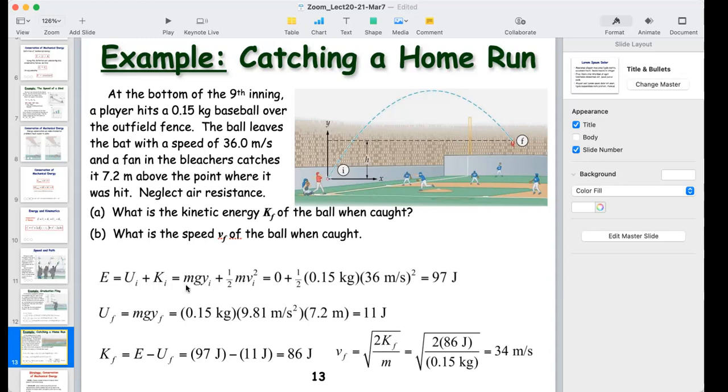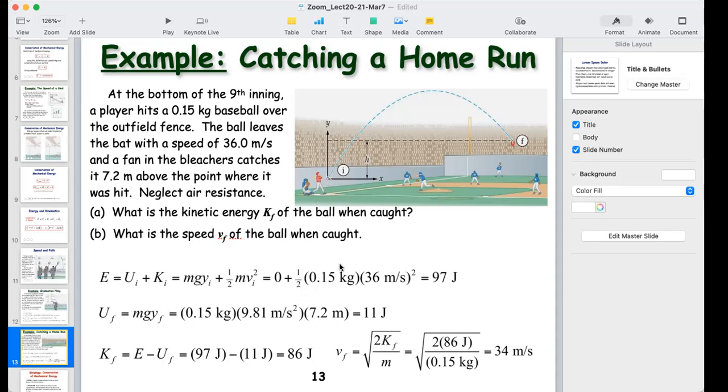Okay, so let's see here, U initial and K initial. U initial is mgy initial. We say the y initial is 0 if we put our origin of the reference system where the bat is, okay? So this is 0 plus 1/2 m v initial squared.